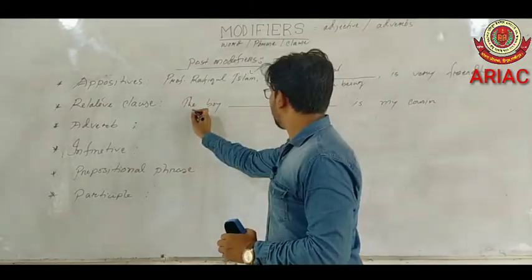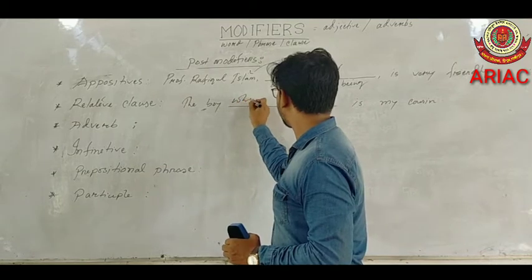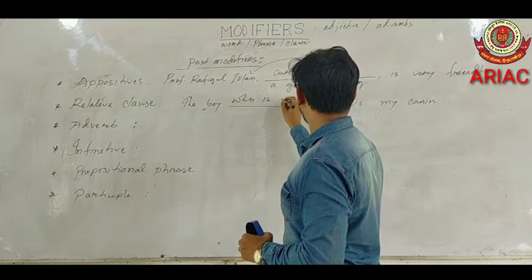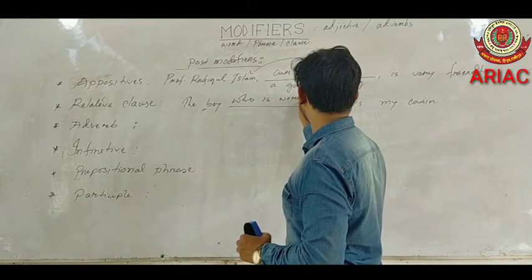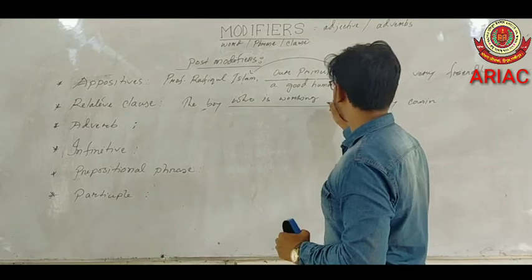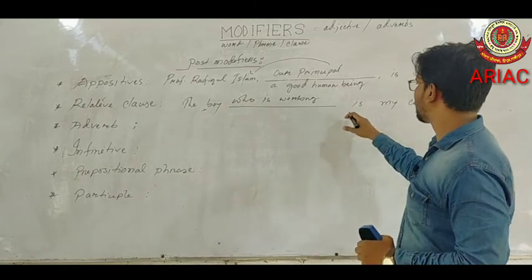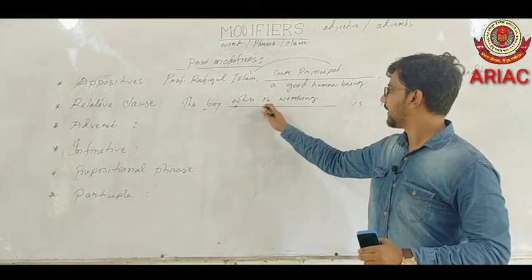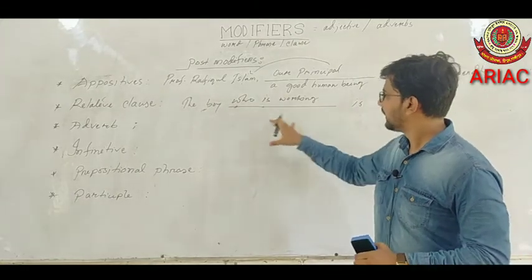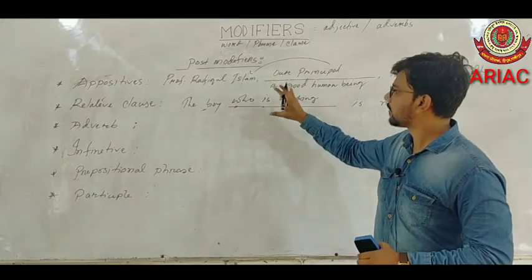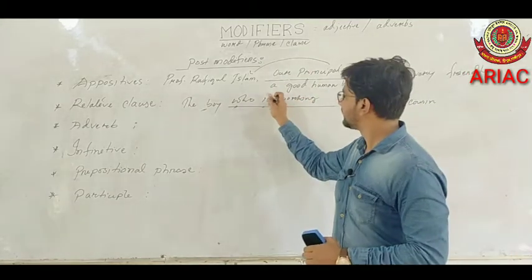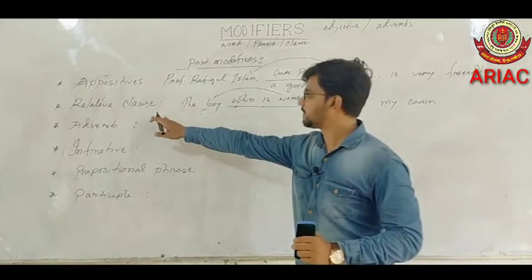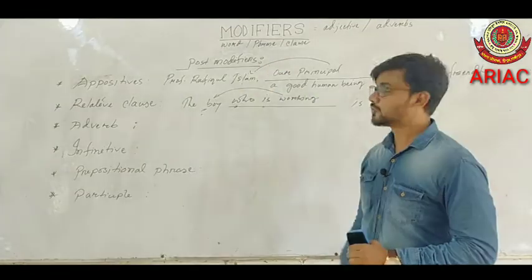So, the boy who is working is my cousin. There is a relative pronoun and a verb, and it works as a relative clause modifying the noun, the boy. This is an example of a relative clause used as a post modifier.